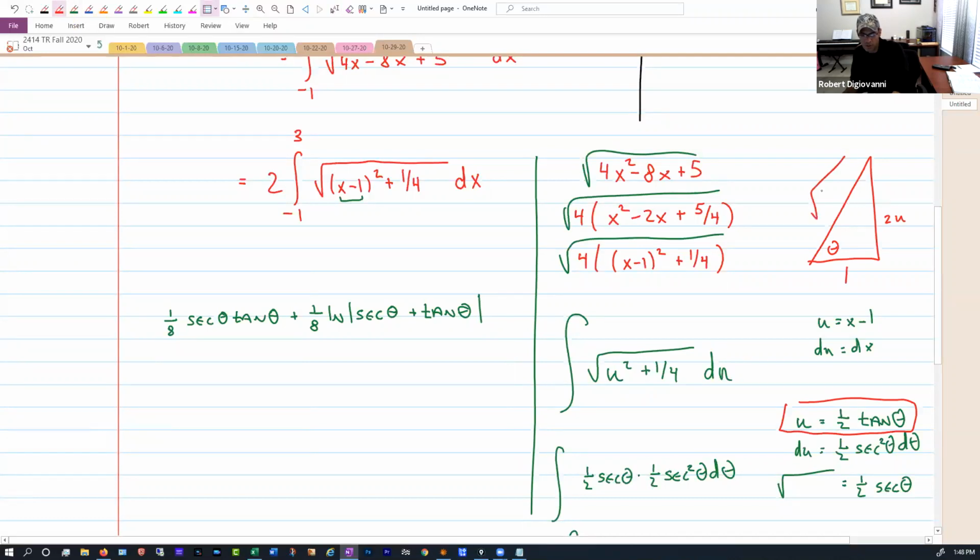This should be square root of 1 plus 4u squared. I just multiply both sides of this by 2. And so tangent theta is 2u over 1. So there's my tan theta. And there's this part. And I really don't want to continue this problem.